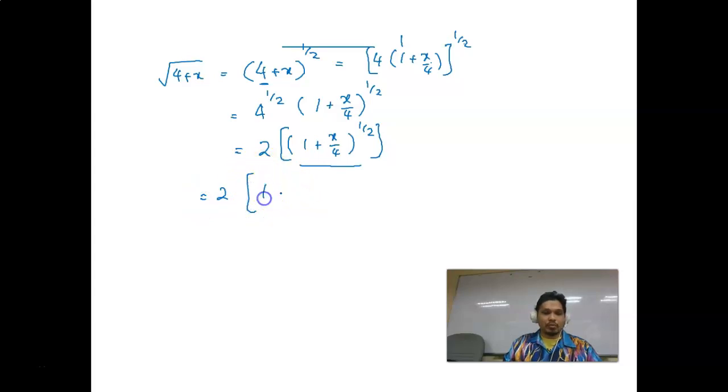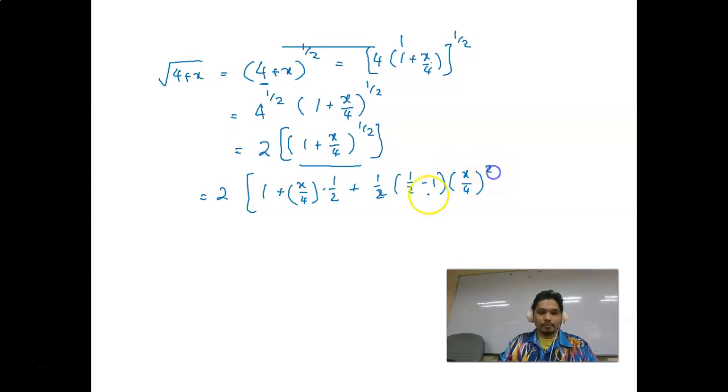Okay, so begin with 1 plus x over 4 and 1 over 2, plus with 1 over 2 and 1 over 2 minus 1 with x over 4 squared divided by 2 factorial, plus with 1 over 2, 1 over 2 minus 1, 1 over 2 minus 2, and then x over 4 cubed divided by 3 factorial and so on.